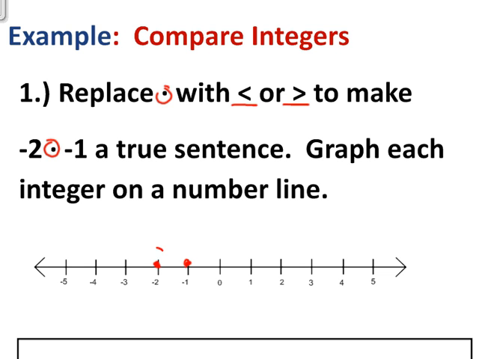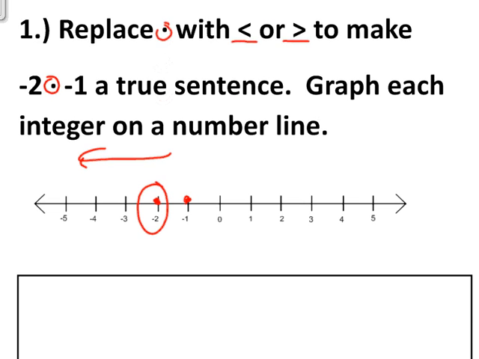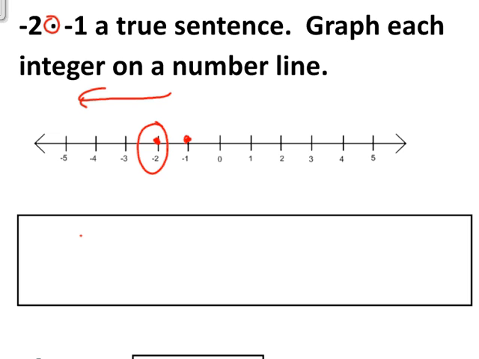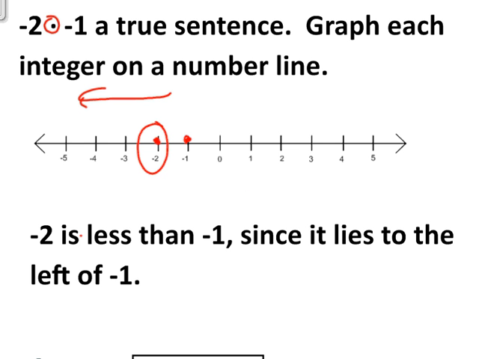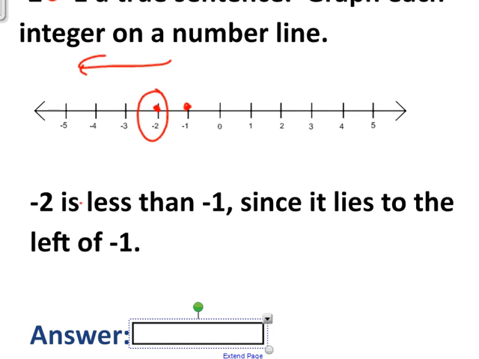Since the number negative 2 is to the left of negative 1, it must be smaller. Negative 2 is less than negative 1 since it lies to the left of negative 1. So here's your answer. We put in the less than symbol. Negative 2 is less than negative 1.